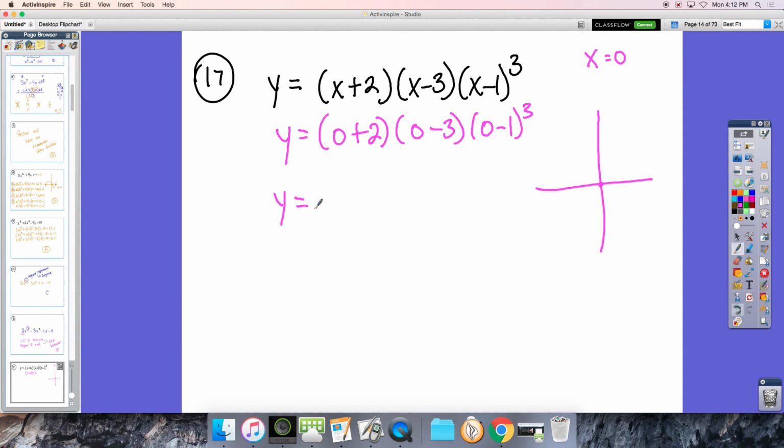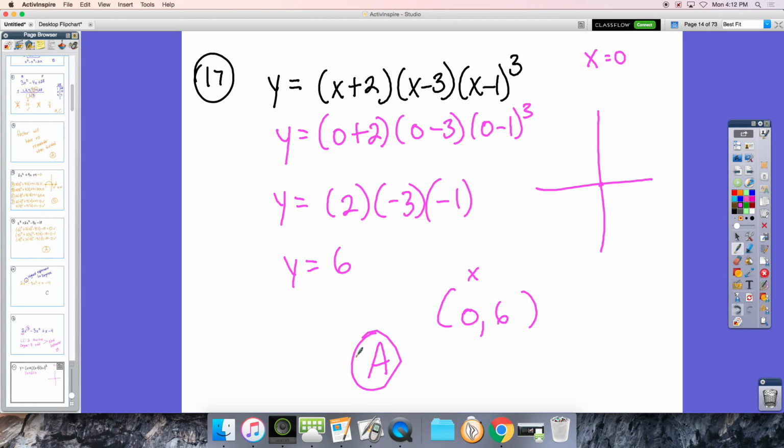You can type that in your calculator. You can work it out. They're not very difficult. So you would have 2, negative 3, and negative 1. When you multiply those out, y equals 6. So your answer choices, if you're given the coordinate, your x was 0, right? And then your y is 6. So your answer is A.